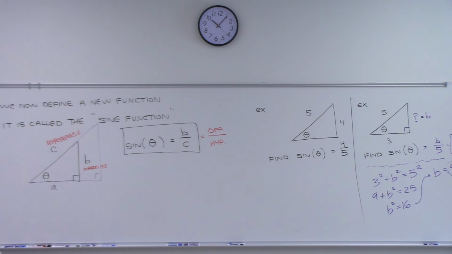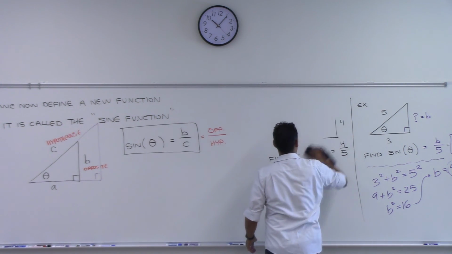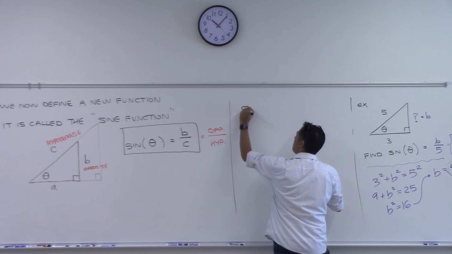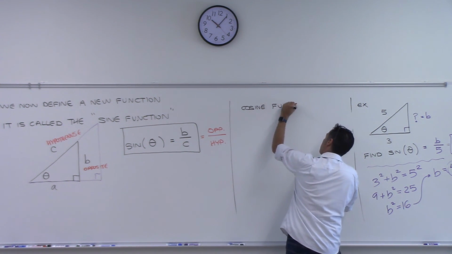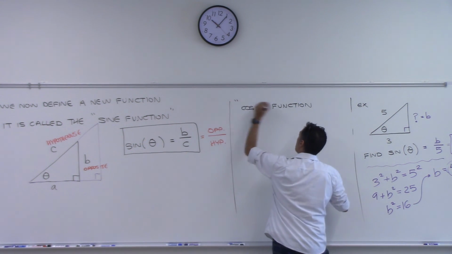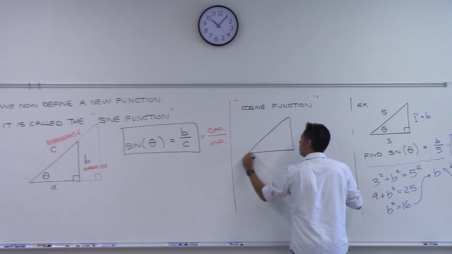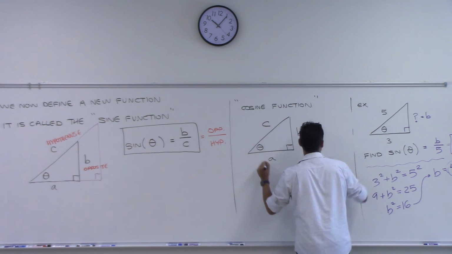The next function we need to define is cosine. So now we define cosine. The cosine function is the same picture. A, B, C, here's theta.